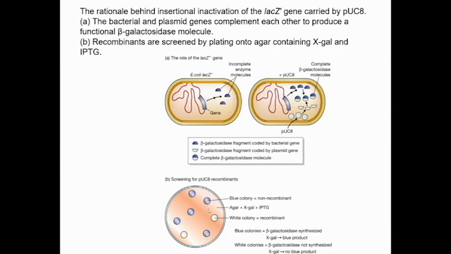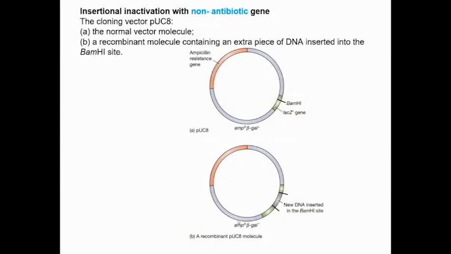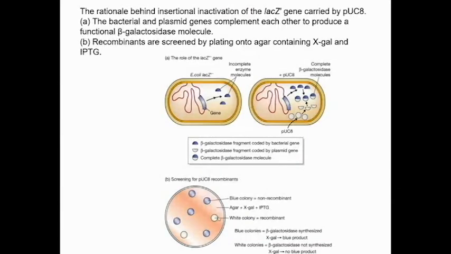And then you check the color. If it's white, that means it carries the recombinant DNA molecule, because they disrupt the expression of beta-galactosidase and therefore cannot cleave the X-gal, so their colony is white.